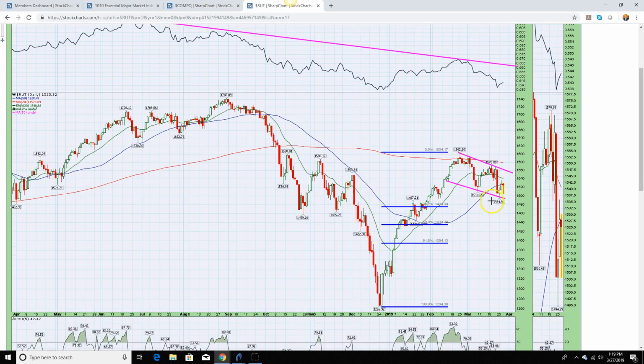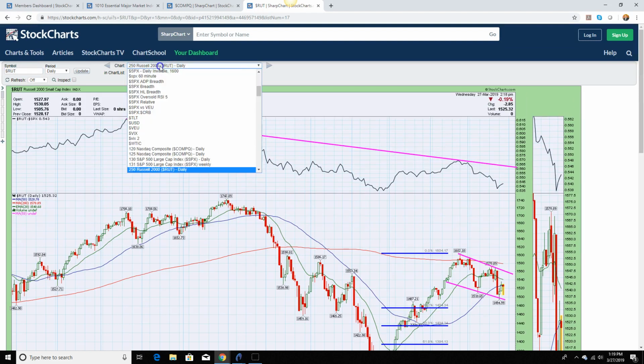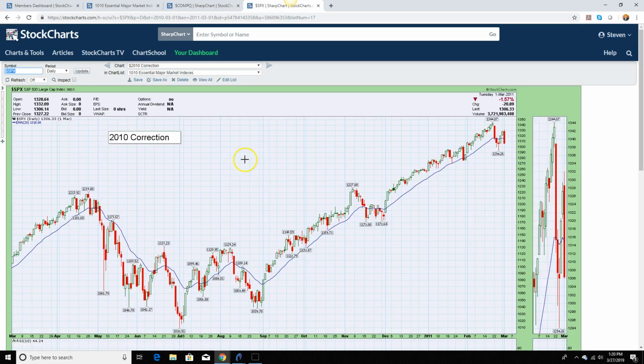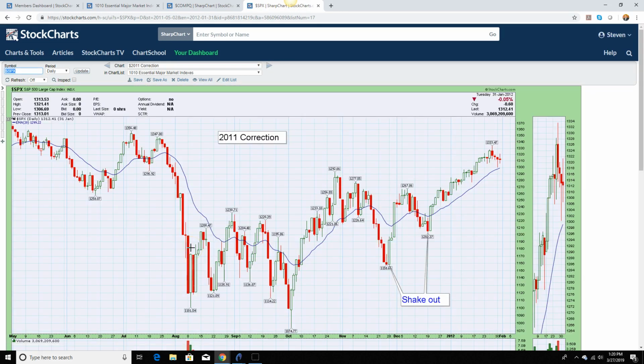You think the sky is going to fall, it's going to come all the way down here, and then it just comes down a little bit, reverses just to shake everybody out, scare the bejesus out of everybody, and then come back. Let me go back to show you, was it the 2010 or 2011 correction? I think it was 2011.